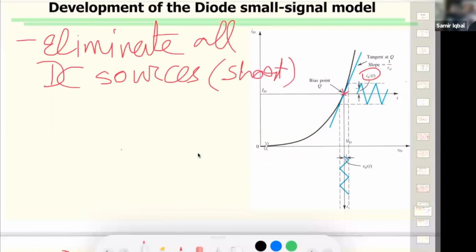So what we're doing is we are taking all the DC voltage sources and shorting them, and we are opening the circuit for all DC current sources. And we replace the diode by its small signal resistance.